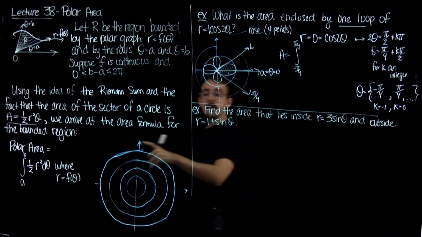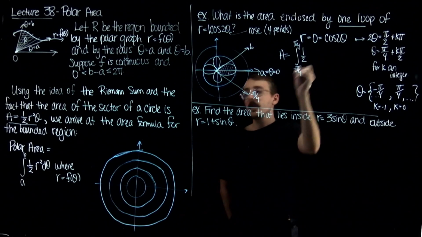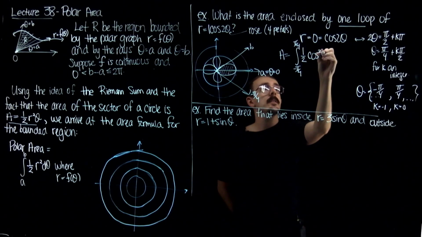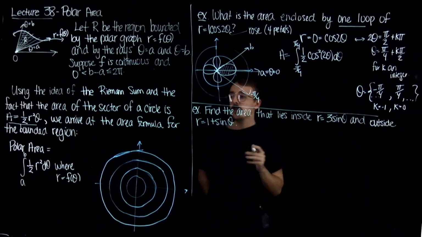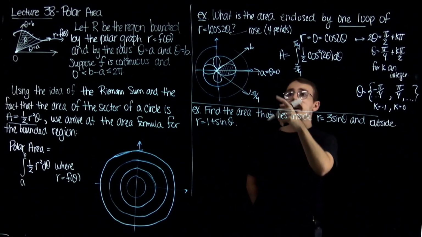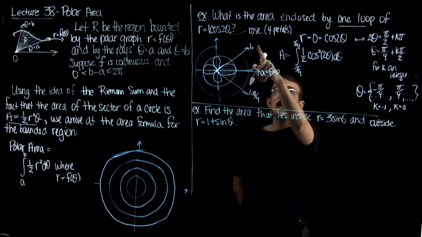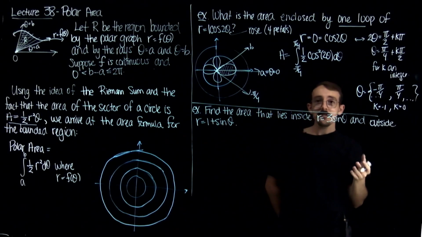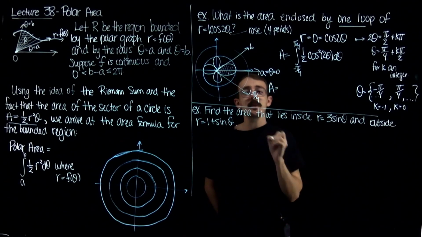Following my formula, I would have 1/2 r squared, which this time is cosine squared 2 theta, d theta. So following the formula exactly, I would integrate from negative pi over 4 to pi over 4, and I would get all of this first petal, and I'd be done.